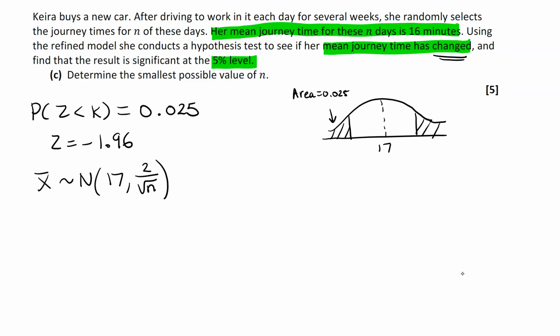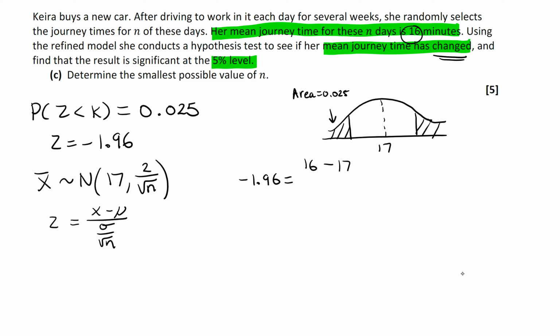So what I now do is I'm trying to find out what n is. So yet again, I go back to the formula z equals x minus mu over sigma over the square root of n. And what I'm going to do is put in z as minus 1.96. x is going to be 16, because you'll look at the mean journey time is 16 minutes.